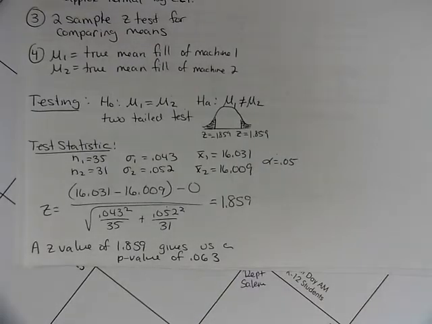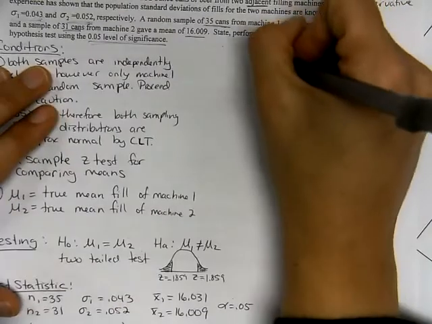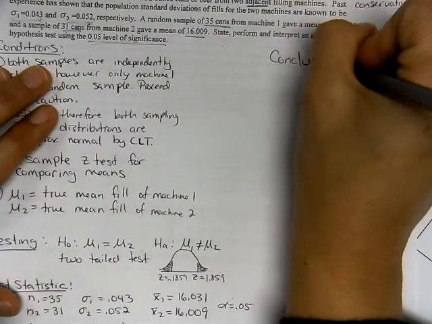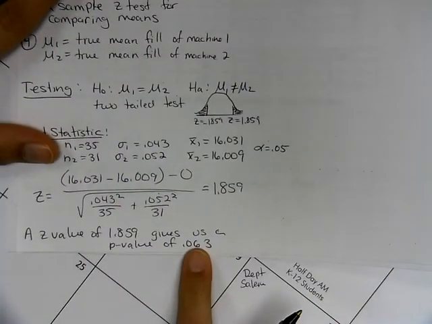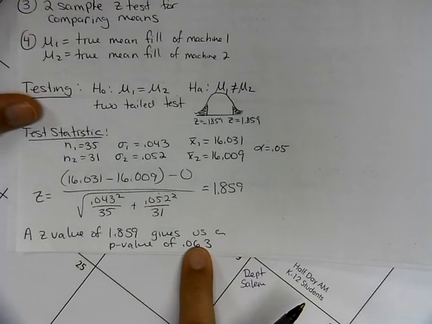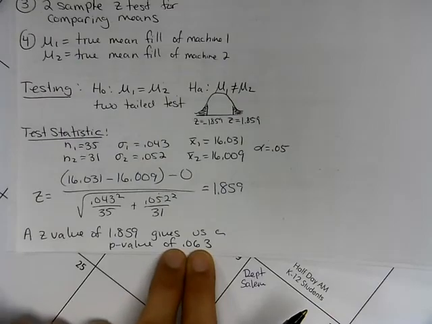Now the conclusion is the same. So is this greater than our alpha or less than our alpha of 0.05? Greater. So we're going to fail to reject.